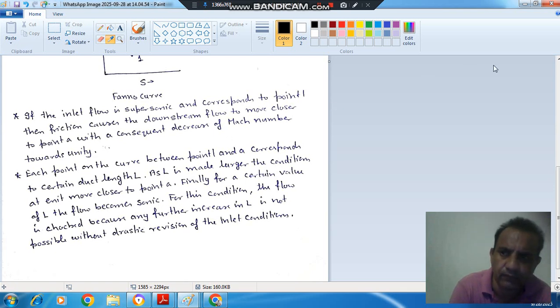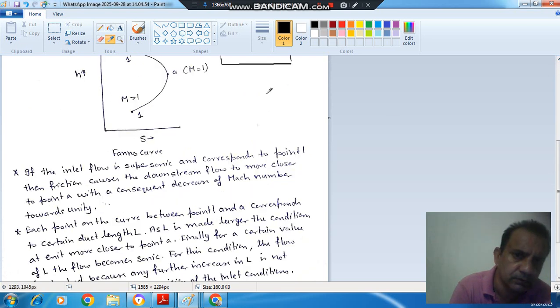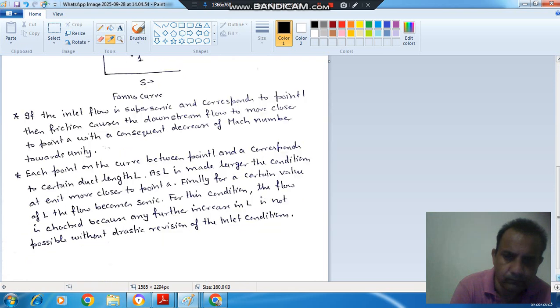So here the flow becomes sonic. For this condition, the flow is choked because any further increase in L is not possible.